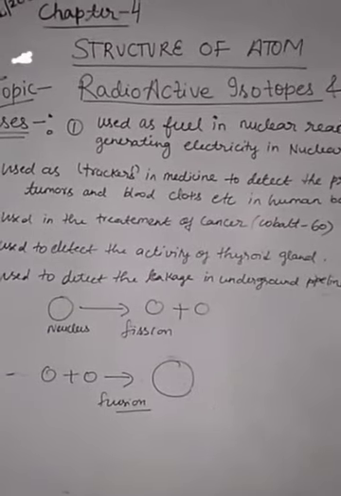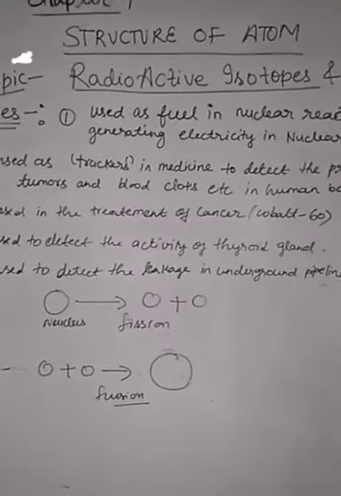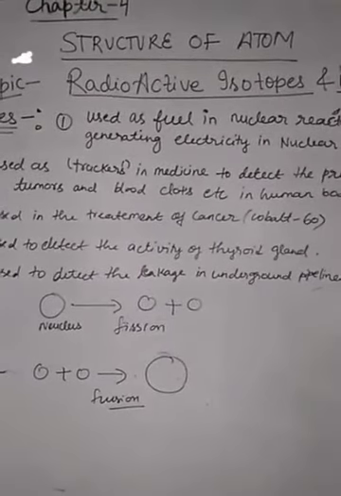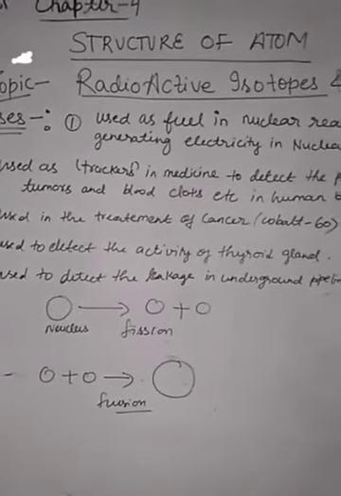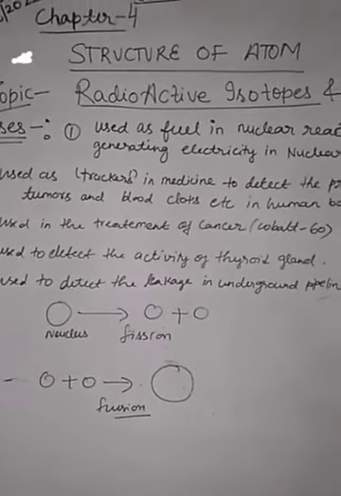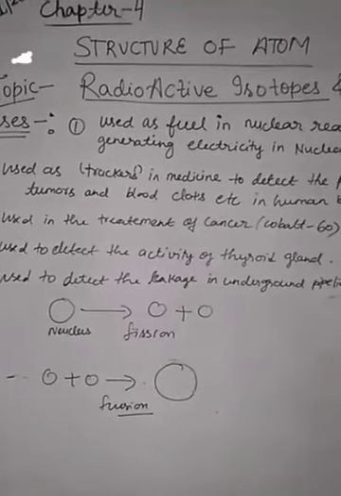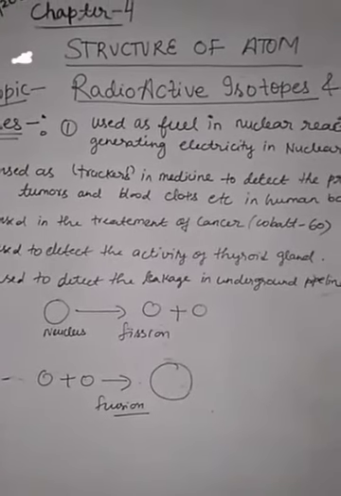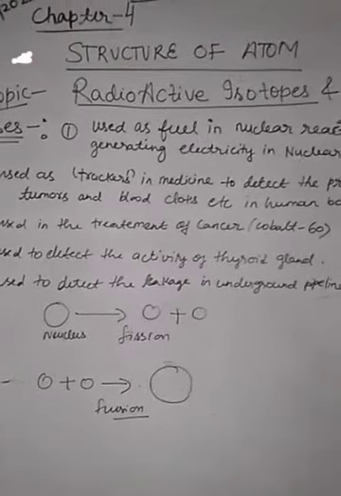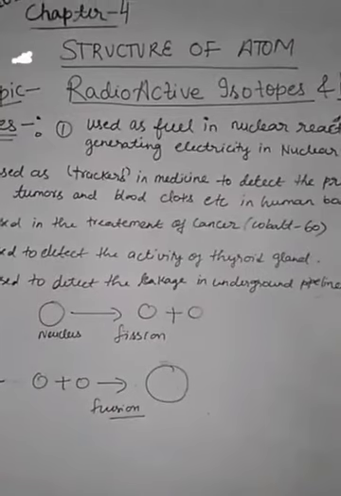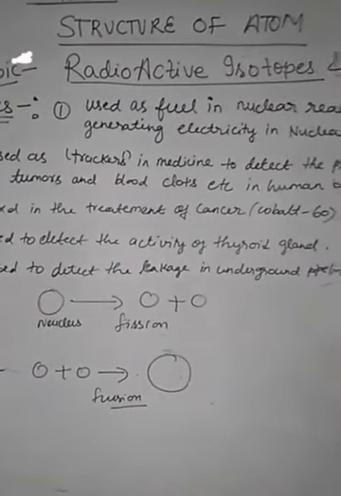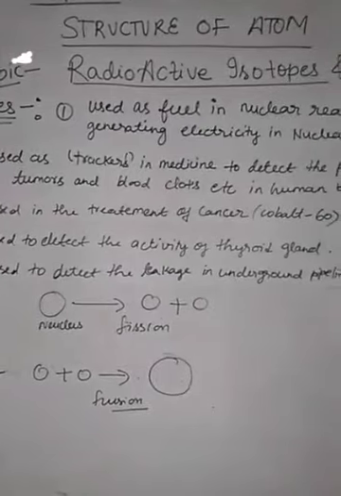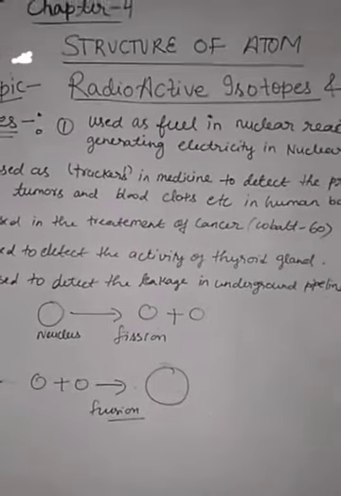Radioactive isotopes are also used to determine the activity of the thyroid gland, which helps in the treatment of a disease called goiter. Doctors use the iodine 131 radioisotope as a tracer to find how and at what rate the thyroid gland in our body takes up iodine, which is essential for making the thyroxine hormone.